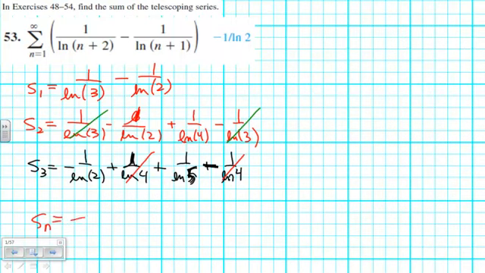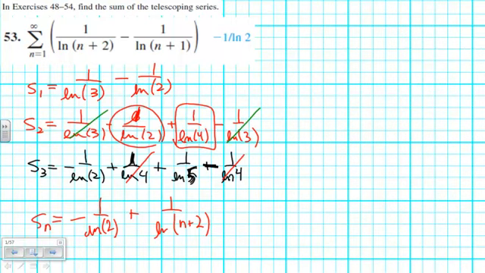It's going to be negative 1 over the natural log of 2 plus everything is going to cancel except for this leading term, which is 1 over the natural log of n plus 2. So we get lots of cancellations. The only thing that doesn't cancel is this first term from the first one, and this part from the very last, the nth term.